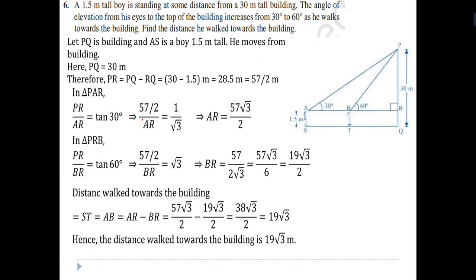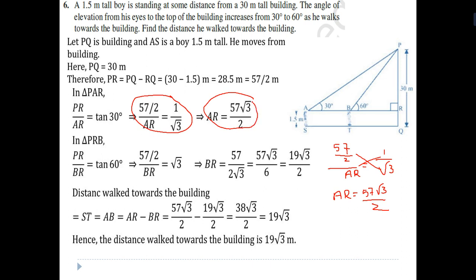So 57 by 2 upon AR is equal to 1 upon root 3. If I do cross multiplication, then AR is equal to 57 root 3 by 2. That is equation number 1 we can say.